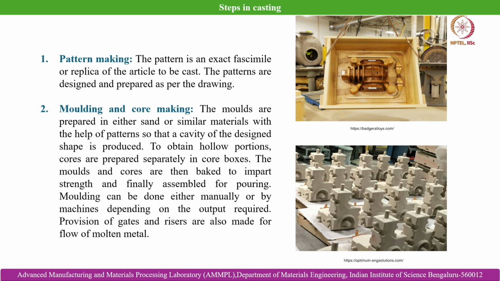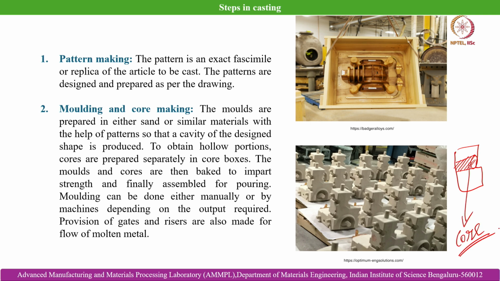Another important part is the core. Core making is equally important. For example, if you have to make a hollow casting with certain cores present, these hollow cavities within the cast part can be achieved by developing an appropriate core.